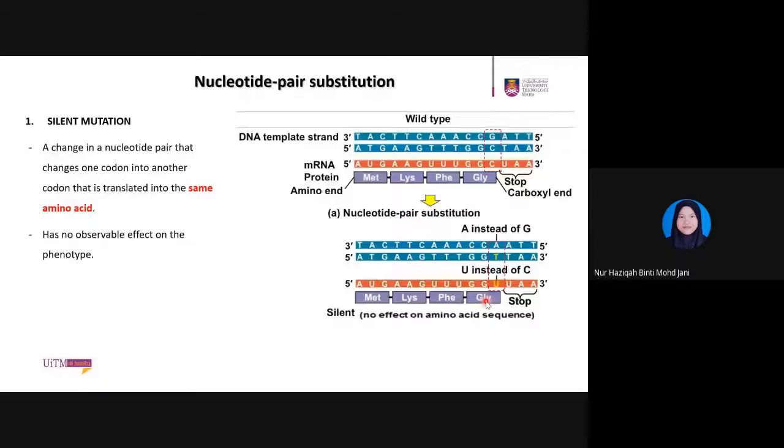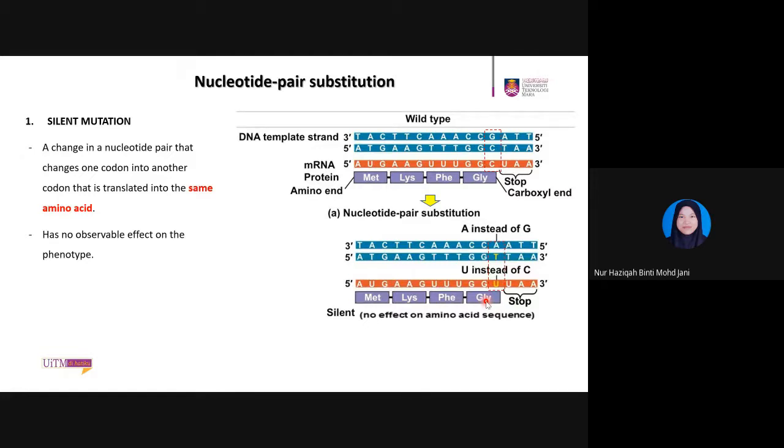Ini berlaku disebabkan oleh apa? Sebab you recall back on features of genetic code, one of it is redundancy. What is redundancy? If you refer to the mRNA codon table, some amino acids are coded by 4 codons, some by 2 codons, some by 1 codon. So it is beneficial for amino acids coded by 4 codons.